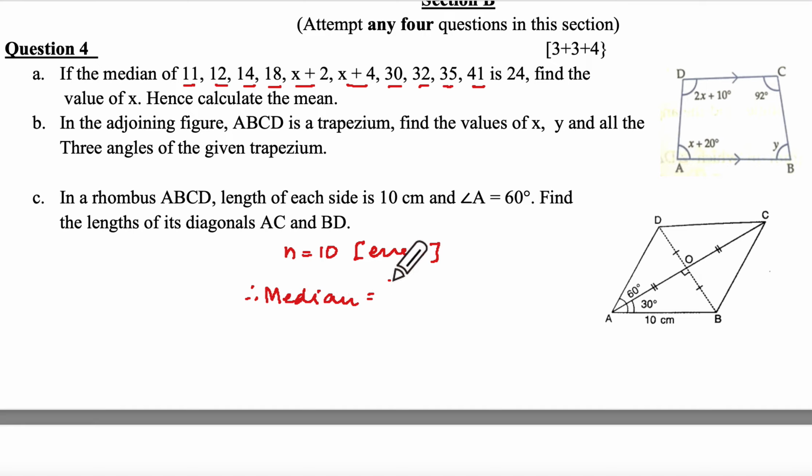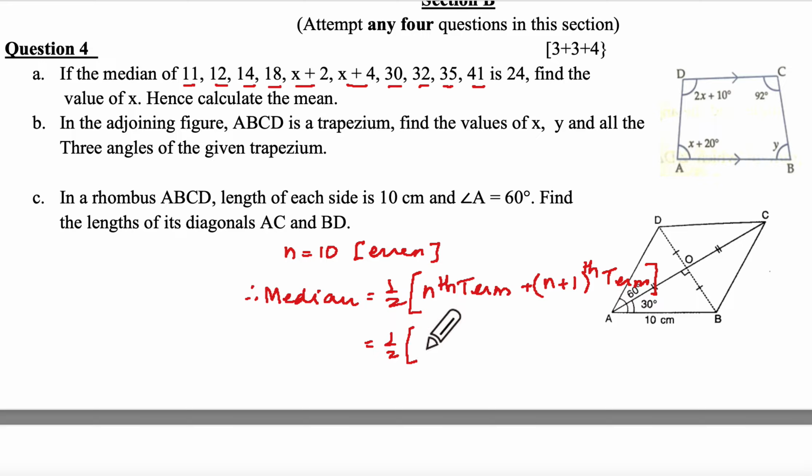Therefore, what is the median? Median is equal to half into, you have to write over there, nth term plus n plus 1 term. That will be equal to half into the 10 upon 2 term, so the fifth term, plus the 5 plus 1 term, the sixth term.